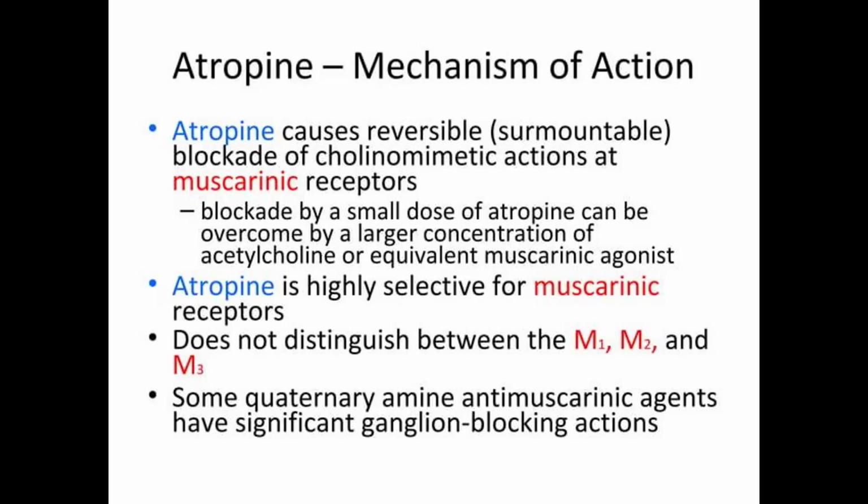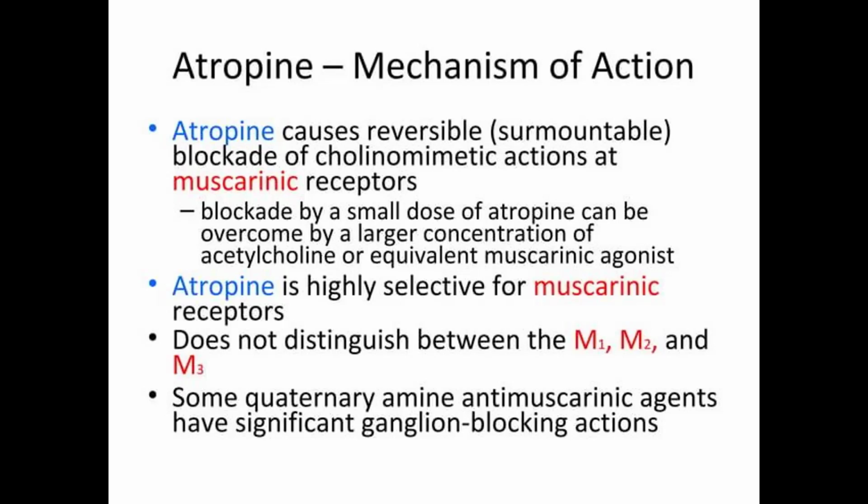We can increase the concentration of the agonist, without any reduction in the maximal response. This type of blockade we can overcome by increasing the dose of agonist. Why? Because they are in competition and their binding site is the same. It's not like an allosteric modulator or something else. They are binding to the same site.